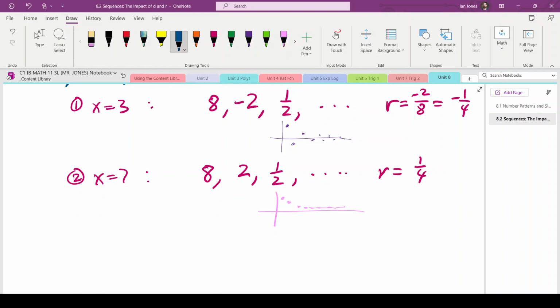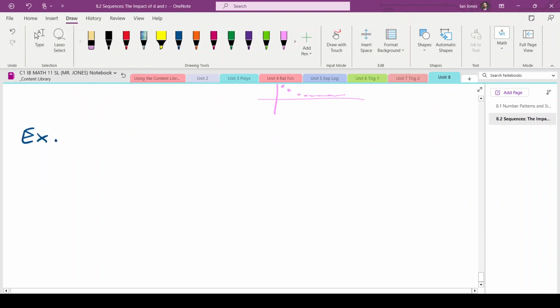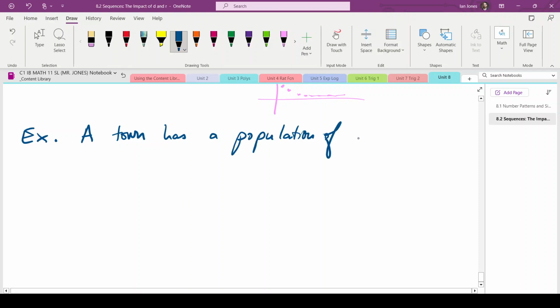Okay, last question. Let's suppose we have a town that has a population of 5,000 people in 2024. Okay, a town has a population of 5,000 in 2024.